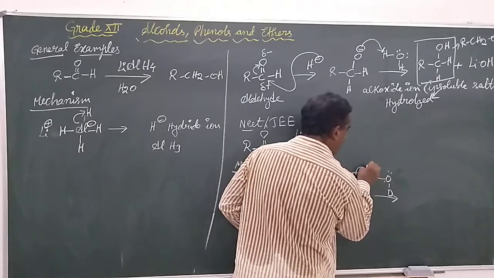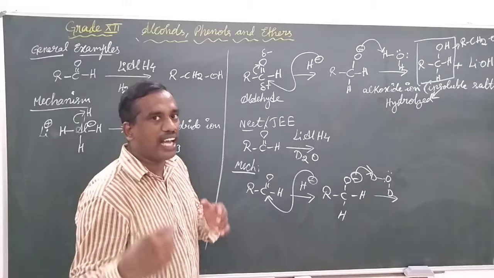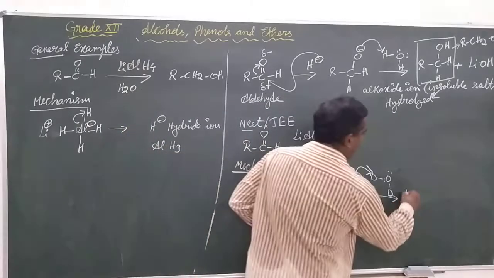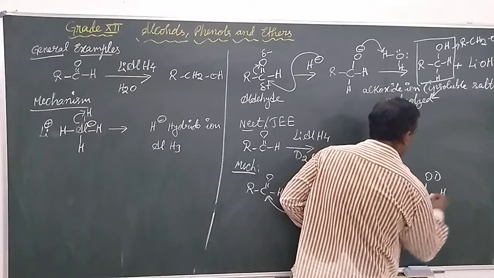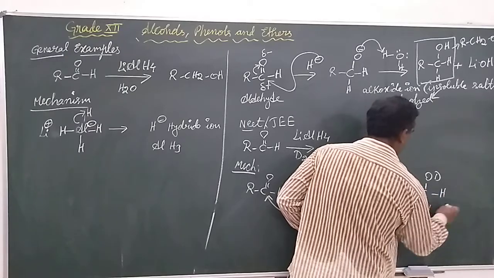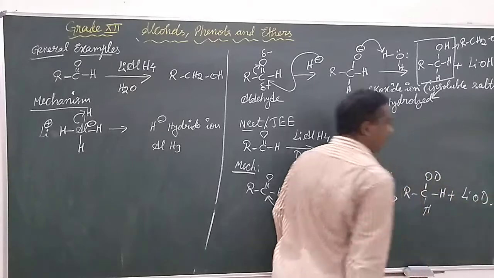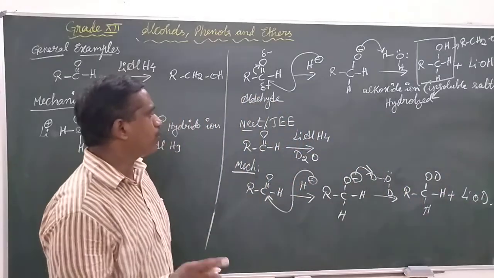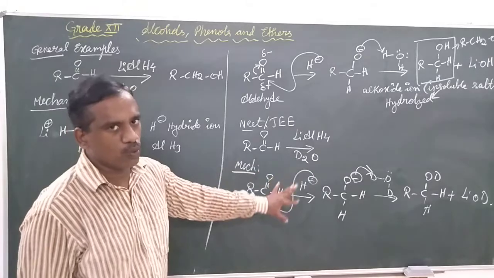So the electrons will be given to the deuterium, which is nothing but hydrogen only. We are going to get a deuterium compound. Very important point for objective-type students: in the objective case, D2O in place of H2O.